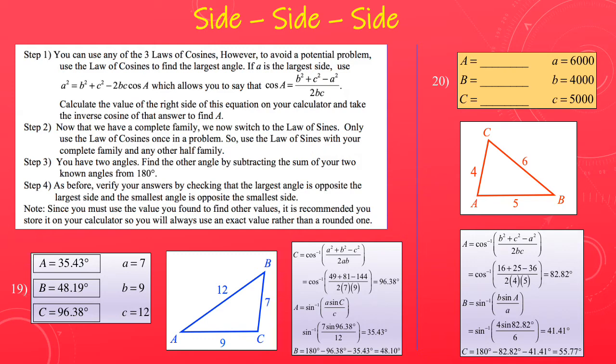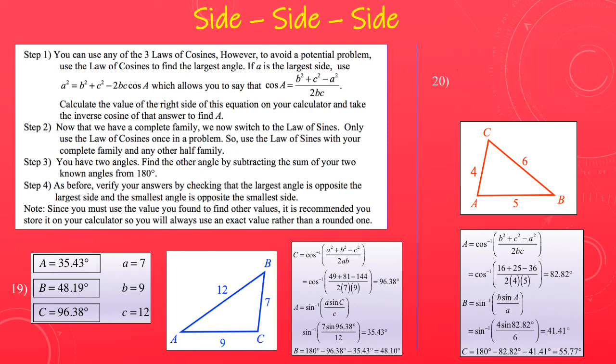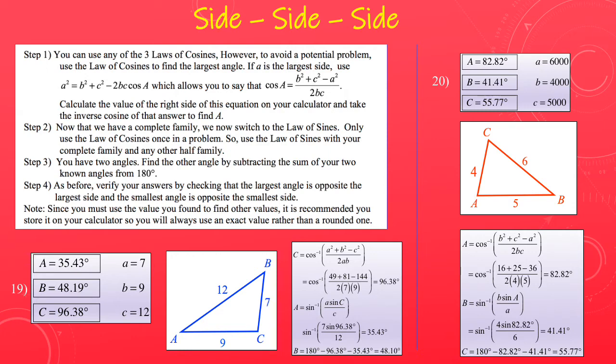And therefore, angle C is 180 degrees minus 82.82 minus 41.41 degrees to get 55.77 degrees. Our final answer is angle A equals 82.82 degrees, angle B equals 41.41 degrees, and angle C equals 55.77 degrees. Angle A is the largest and it's opposite little a. Little b is the smallest, opposite little b.